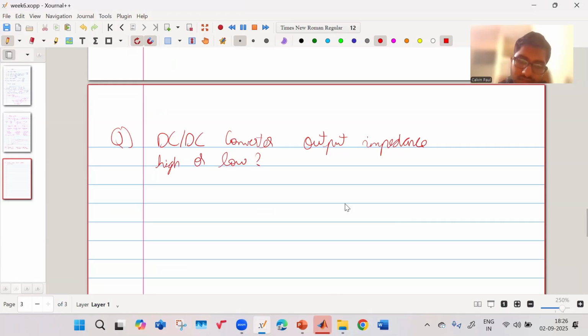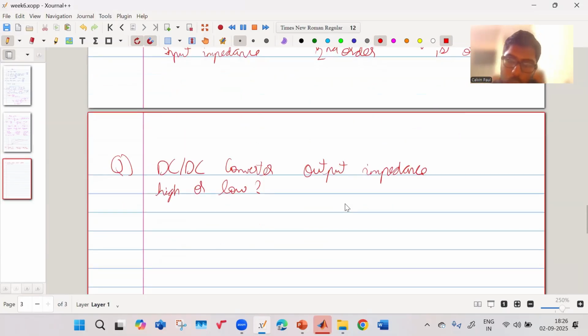It should be low. Okay, why low? Because irrespective of load current, it should give the proper output voltage. If the output impedance is high, for higher load current there will be more drop.